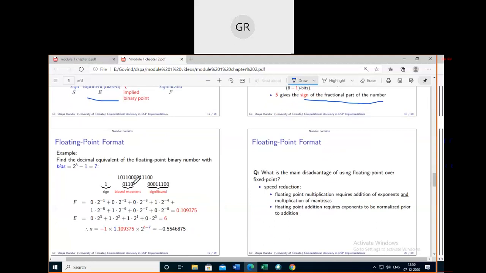Then find the decimal equivalent of the floating point binary number with bias 2 raised to 3 minus 1. So here I will show the problem.